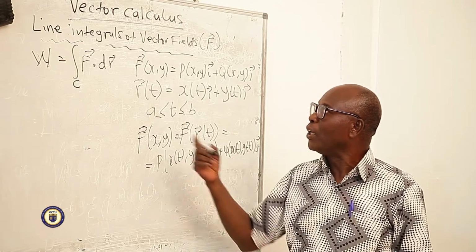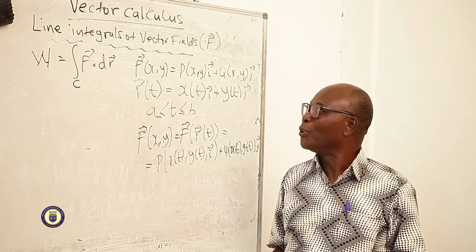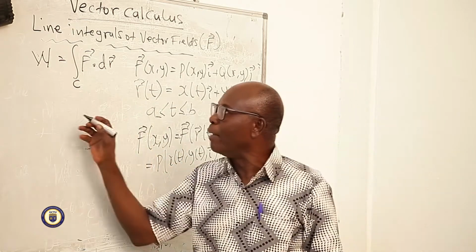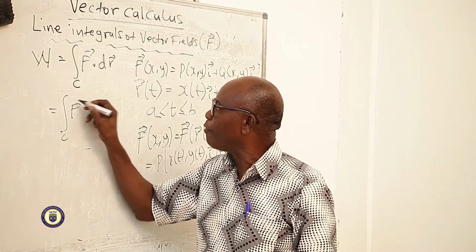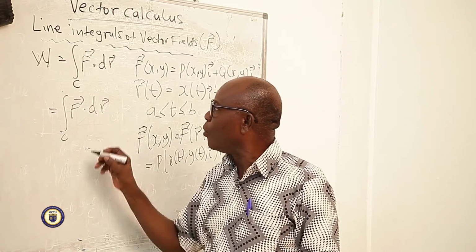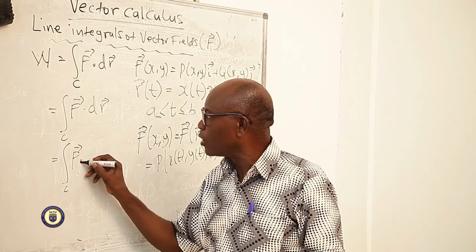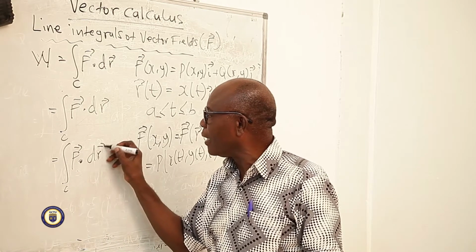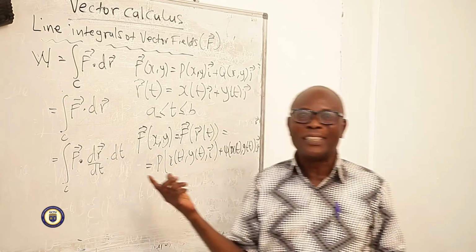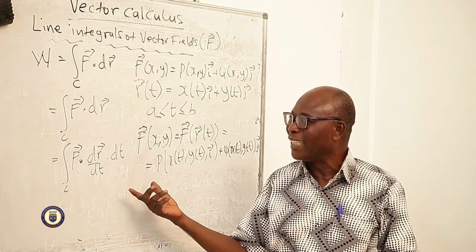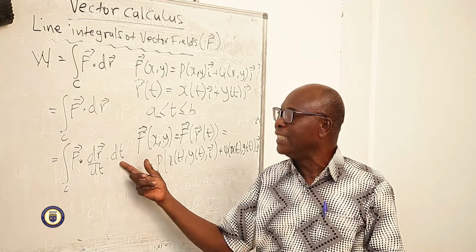Since r is defined in parameter t, we can amend this a bit. The integral over C of F dot dr, we can also write as the integral of F dot dr/dt times dt.